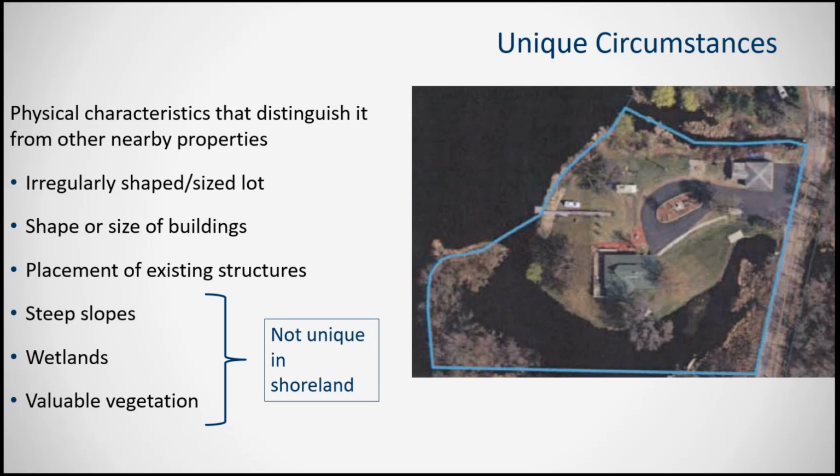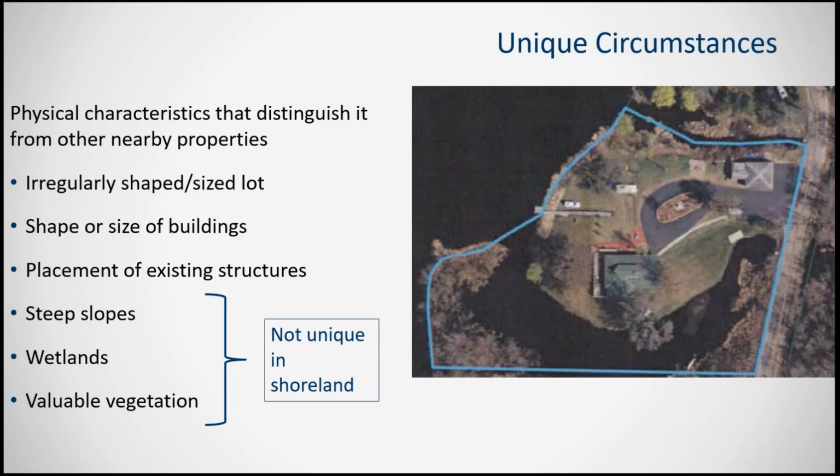And as a point of contrast, here is an example on the screen of a lot that is actually, even by shoreland situation standards, considered fairly unique. We have this peninsula that is sticking out into a lake, which is surrounded by a river on two sides and the lake on the third side.